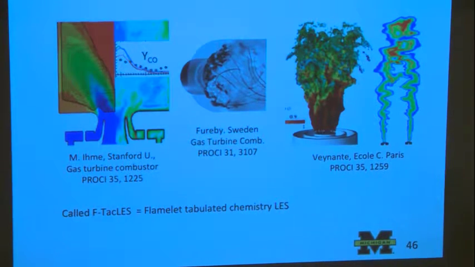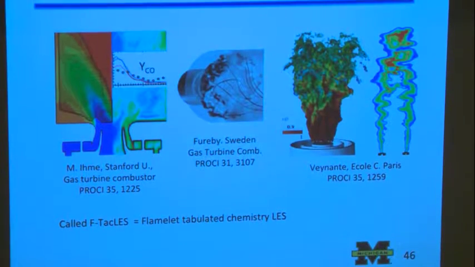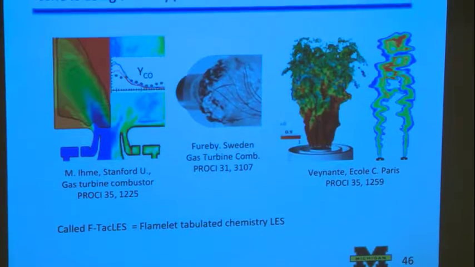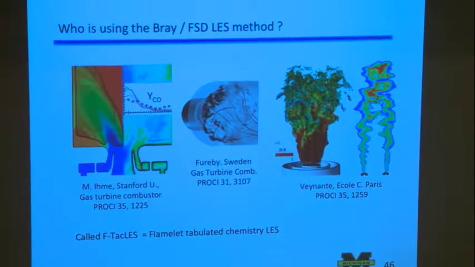Now, before I go into the details of this model, let's convince ourselves it's worth talking about. It is, in my opinion, one of the better models for premixed turbulent flames. It was started by Professor Bray, who's the leader in this field, but now it's been developed by other people. Matthias Imme, and he and I have had some joint students work for us.